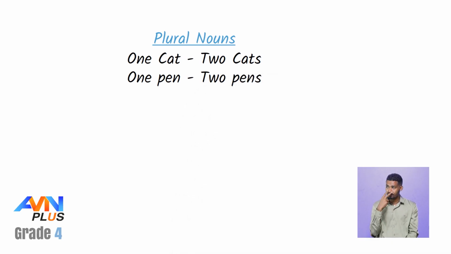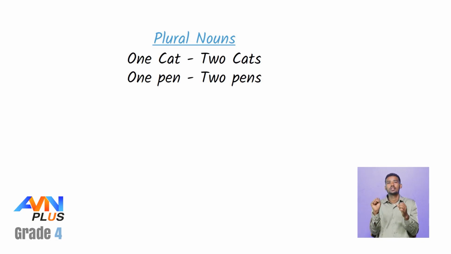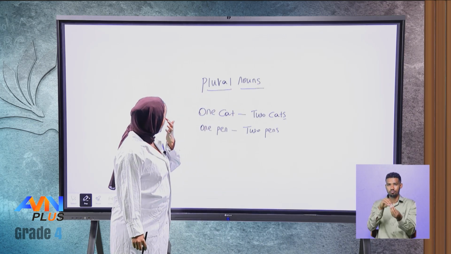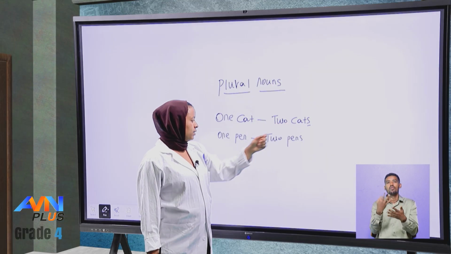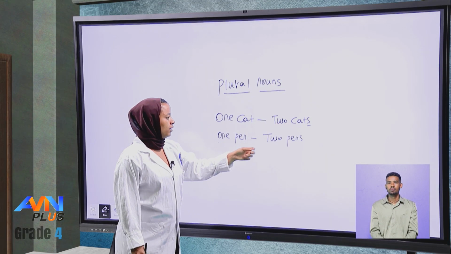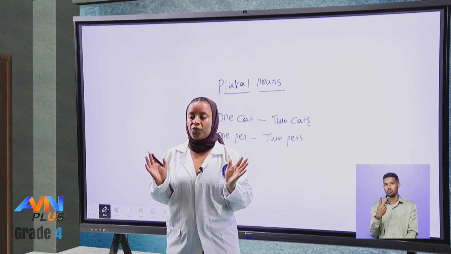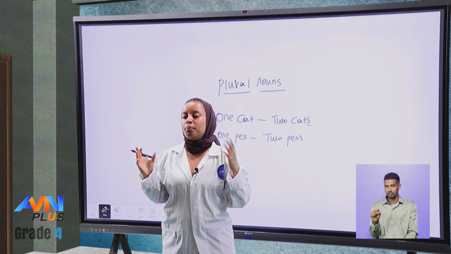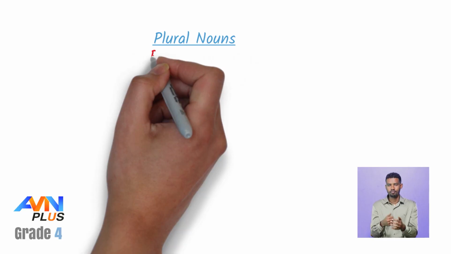Look at the difference, students. One cat, two cats. Add s at the end of the noun because this is the plural form. Two cats, one pen, two pens. Every noun that is more than one is called a plural noun. Let us start with the plural form of nouns.